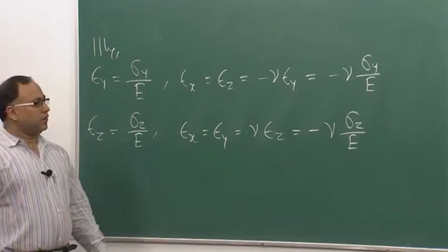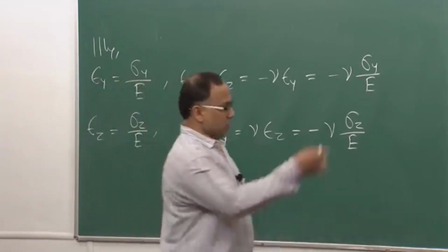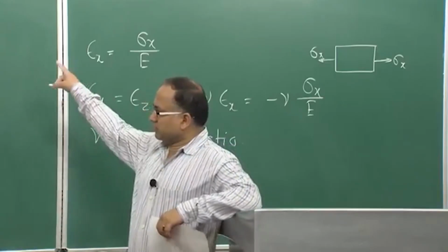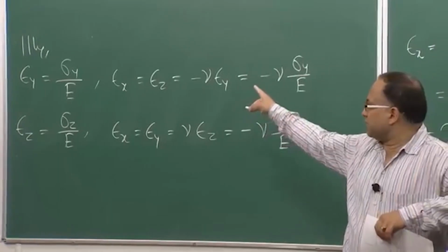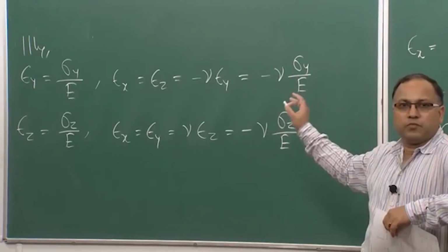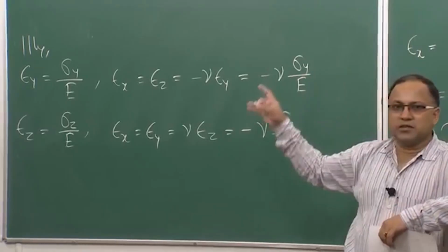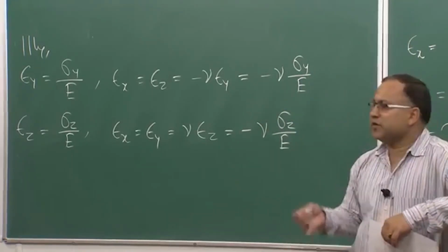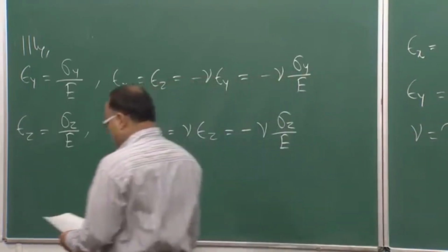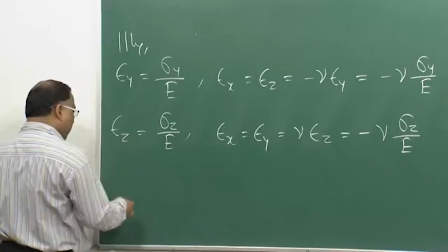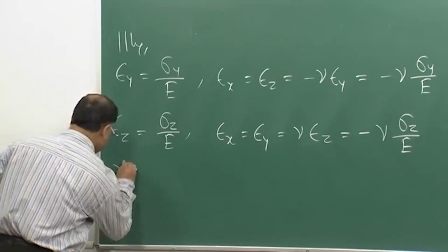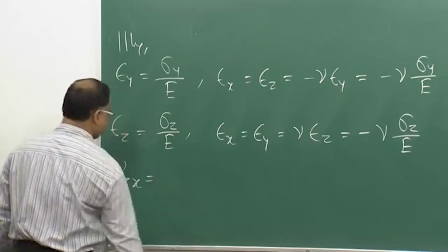Fair enough. So, normal stress only produces normal strain, no shear strain. You see here, the normal stress sigma x or sigma y or sigma z only produces normal strain epsilon y, and due to the Poisson's effect you are getting other two normal strains. Now, for shear strain, you will be getting say gamma zx.